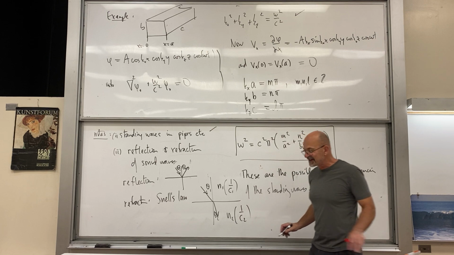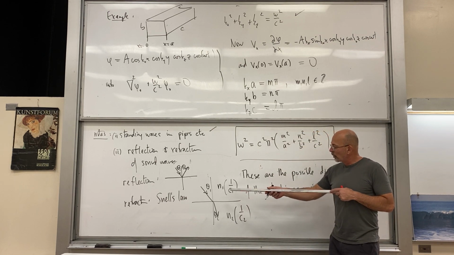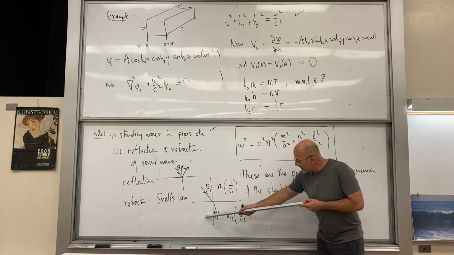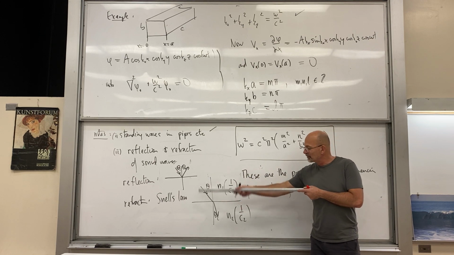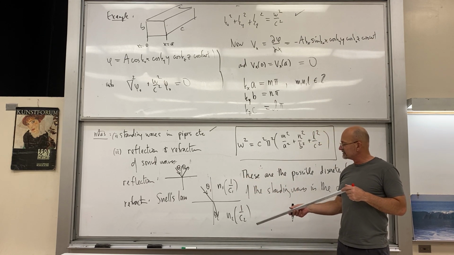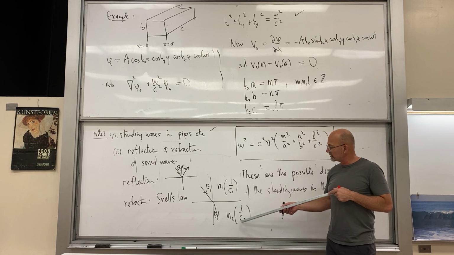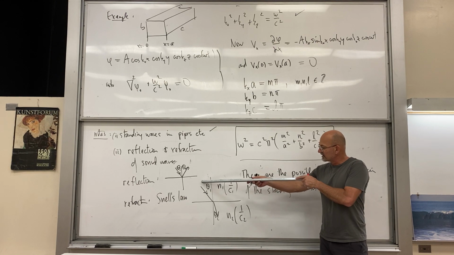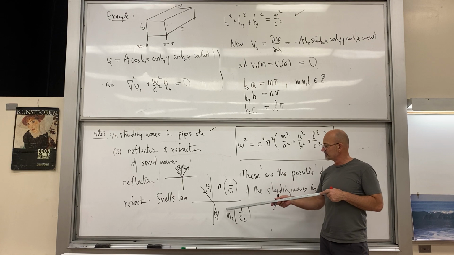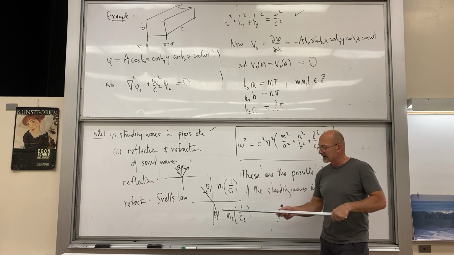That is to say, if we had different wave speeds across this interface, two media, if we had different wave speeds, C1 and C2, then we would get a Snell's law. Okay, we'd get refraction at the interface.